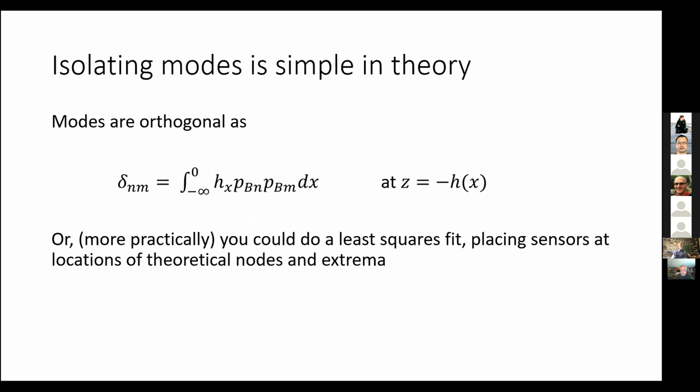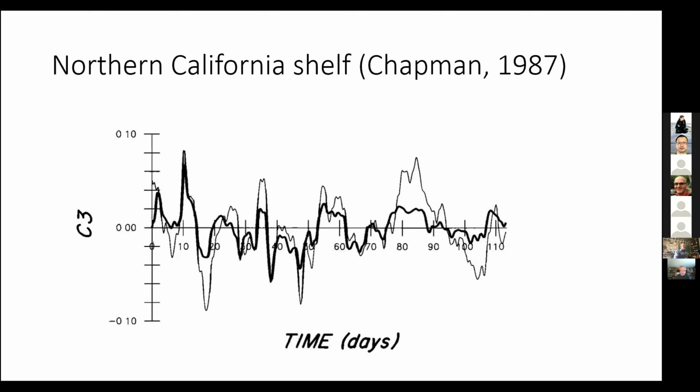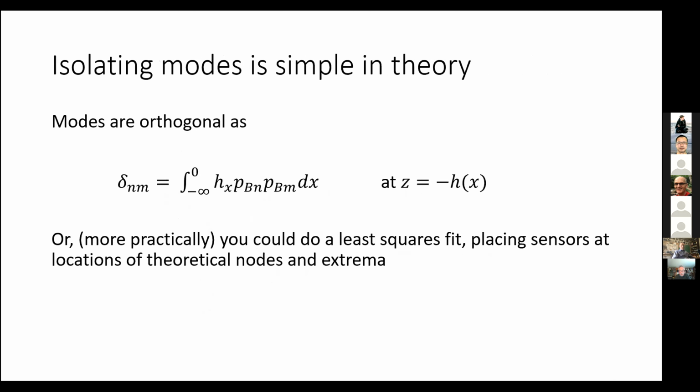In terms of using bottom pressure, first of all, coastal trapped wave theory will account for a fair bit of your variance over the shelf. Again, I expect you do better with a good numerical model.